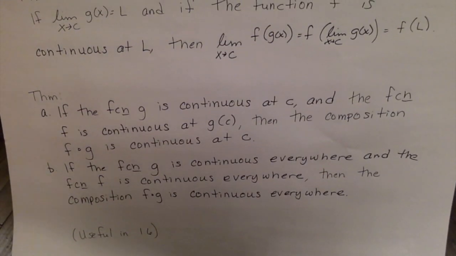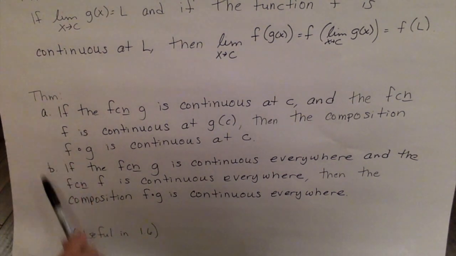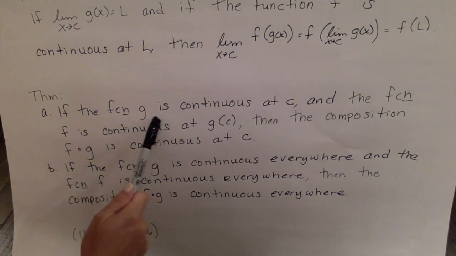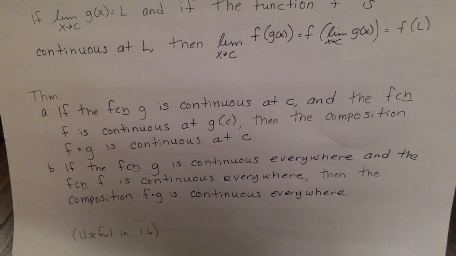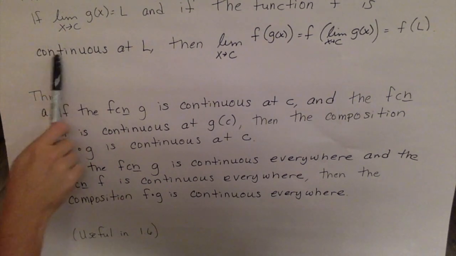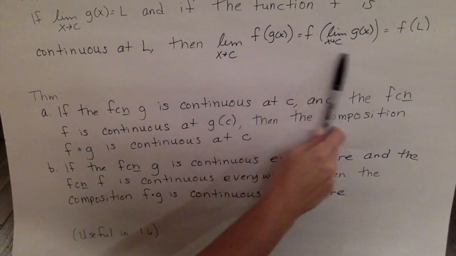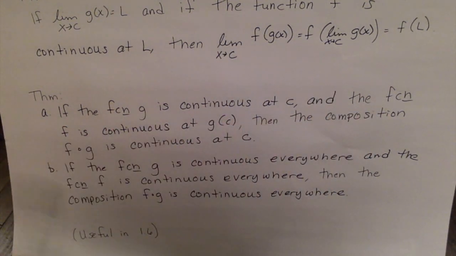We have another theorem. This has two parts. If the function g is continuous at c and the function f is continuous at g of c, then the composition f of g is continuous at c. That's sort of restating this, although this is a little bit more algebraic in nature.